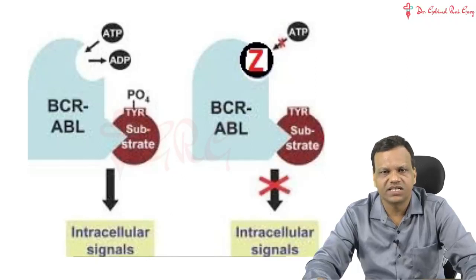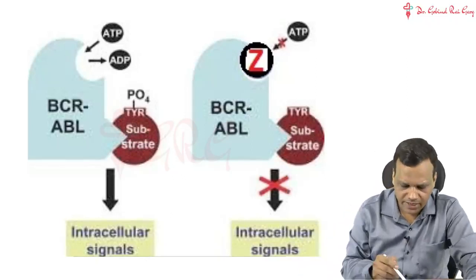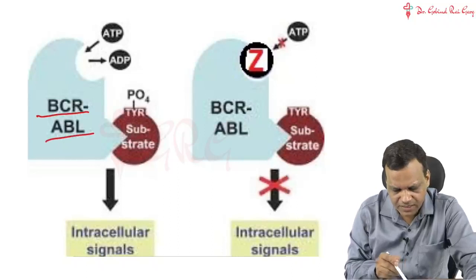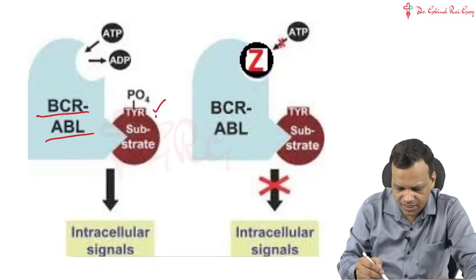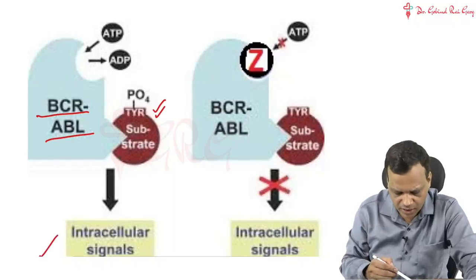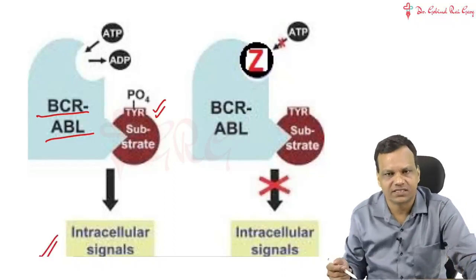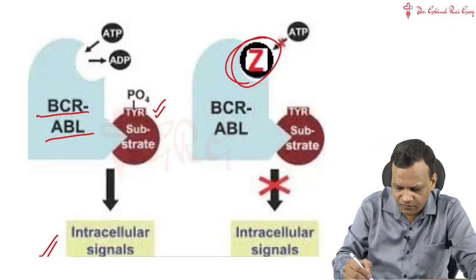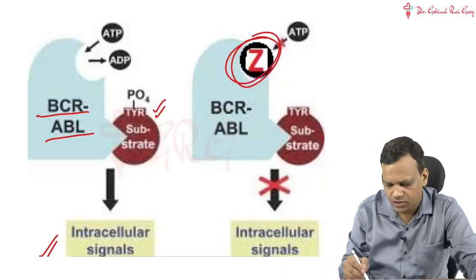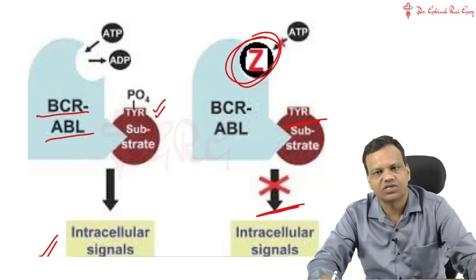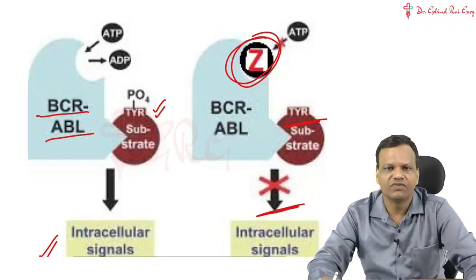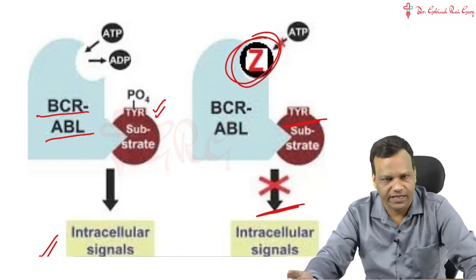So here basically they are showing that normally the BCR-ABL fusion leads to activation of a tyrosine kinase, which leads to uncontrolled growth of cells leading to cancers. So we give a drug which inhibits this tyrosine kinase, and when the tyrosine kinase cannot be activated, we can treat cancer. So the simple question they are asking is, which drugs inhibit the tyrosine kinase?